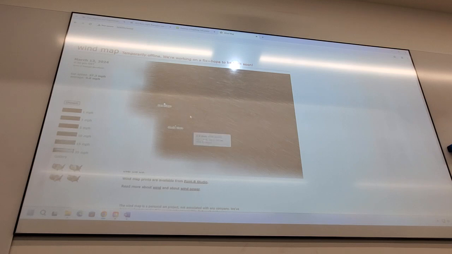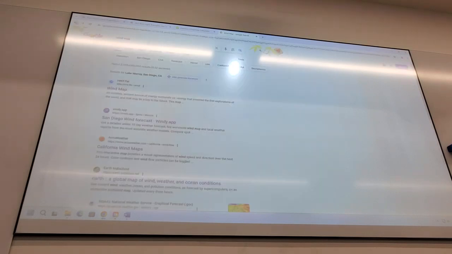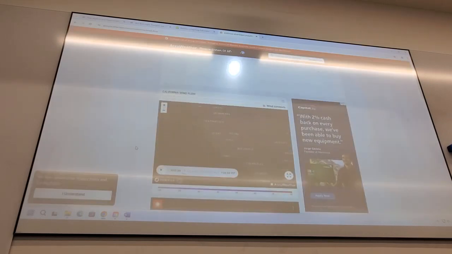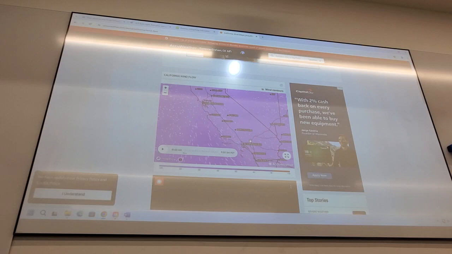This is a plot of the wind currently in San Diego. It's not a great example because, how do I zoom back out? Temporarily offline. Let me see if I can get a better one. Well, this is okay.